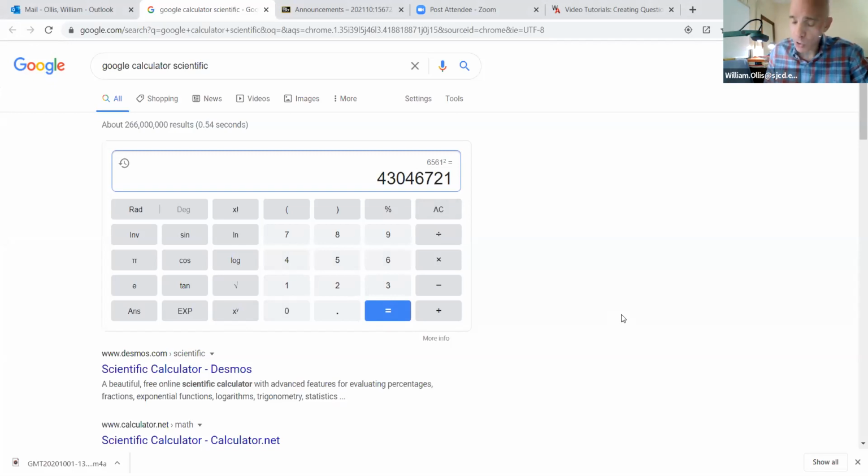43,046,721, which of course you would get if you multiplied these, even by the Professor Ron approach. It's doable. So we've got 43,046,721. That's what WebAssign wants. Now here's the thing, and this is why I actually computed this by hand.